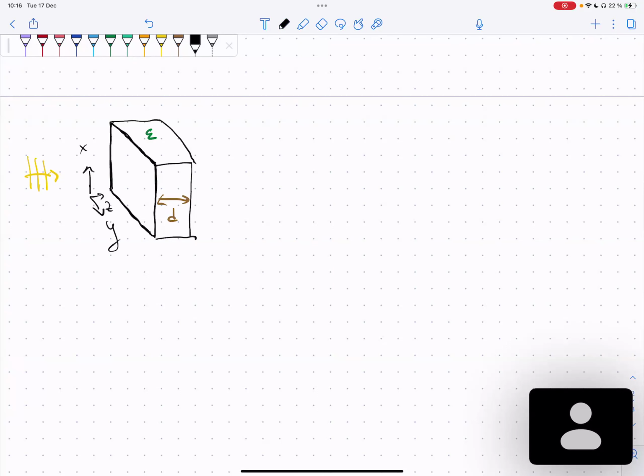We know that there is such thing as a Lorentz force. Lorentz force is force acting on charged particles by electromagnetic fields, and it's equal to charge of the particle times electric field plus q over c velocity of the particle times magnetic field.